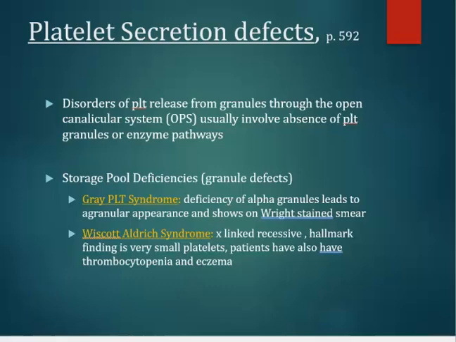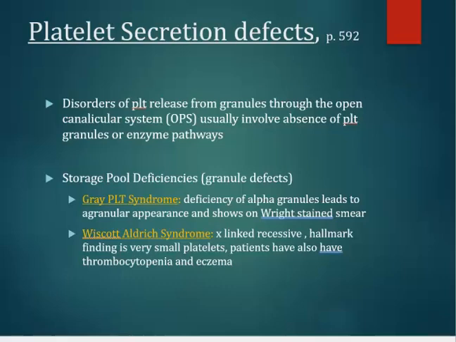If you go back earlier in the lecture to that image of all the different structures that you can have within the platelet, you can see examples of what the canalicular system or the OCS looks like.